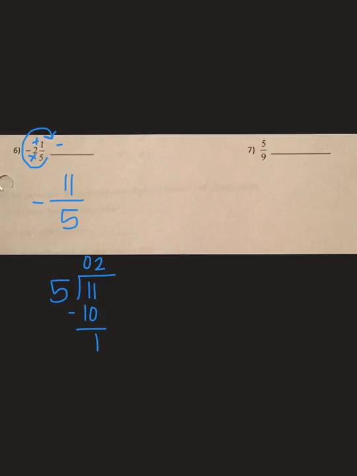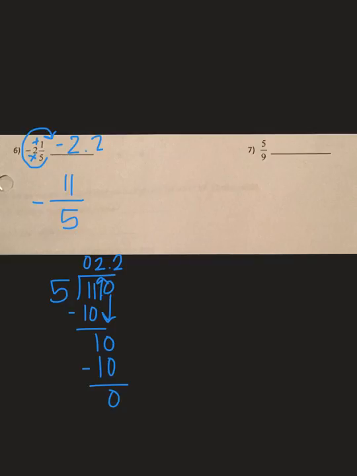When you subtract, you get 1. You need to add your decimal, add your 0, bring down your 0. 5 goes into 10 2 times. Make sure that you bring up that decimal, so it should be 2 2/10. 2 times 5 is 10. Subtract and you're done. So my answer is -2 2/10 here for number 6.